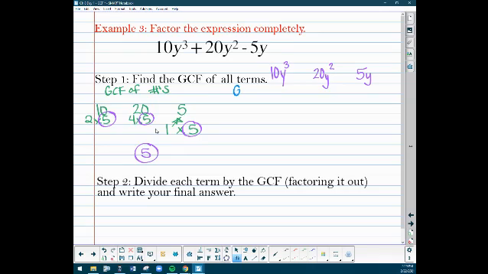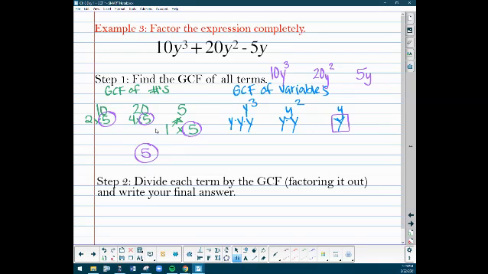Then GCF of variables. Okay, well, I want to look at y to the third, y squared, and y. What do they all share? Well, if I expand this, how many do they all have in common? Again, just like what I did before, look at the smallest.